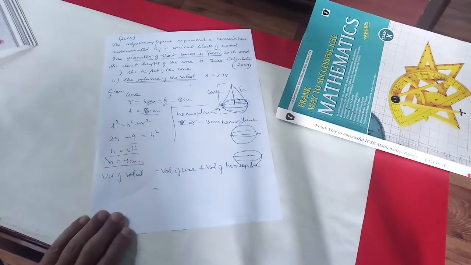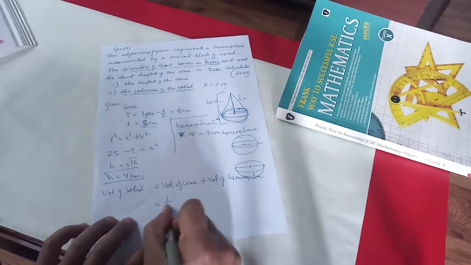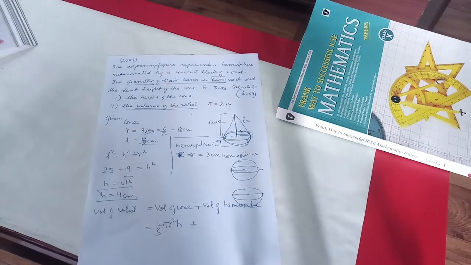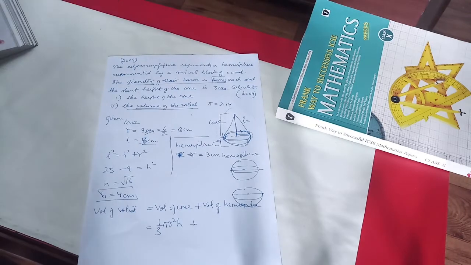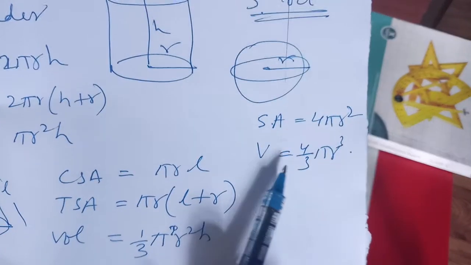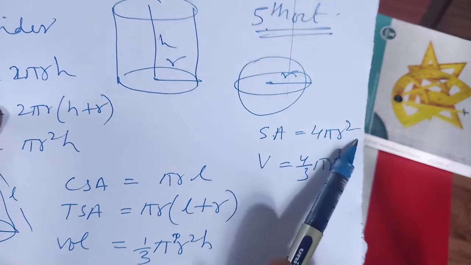Volume of the cone you have just learned, it is 1/3 of the volume of the cylinder, and volume of a hemisphere. Here you need to remember the volume of a sphere. Volume of a sphere we did last time. Let me just remind you here. Volume of the sphere is 4/3 pi r cube.